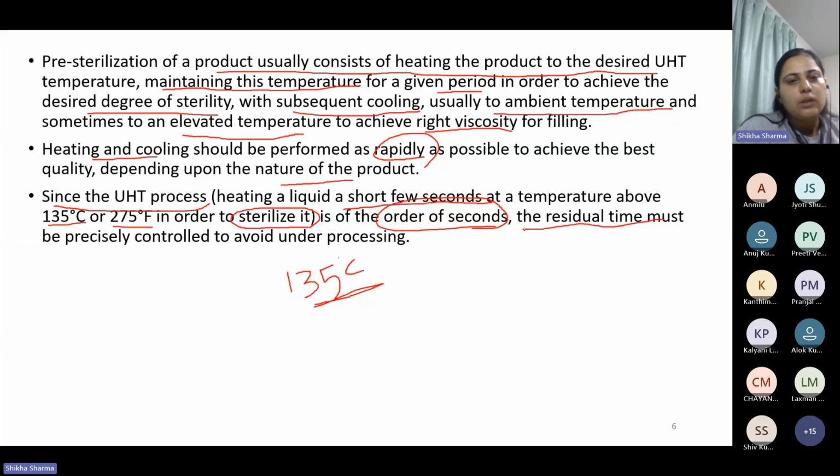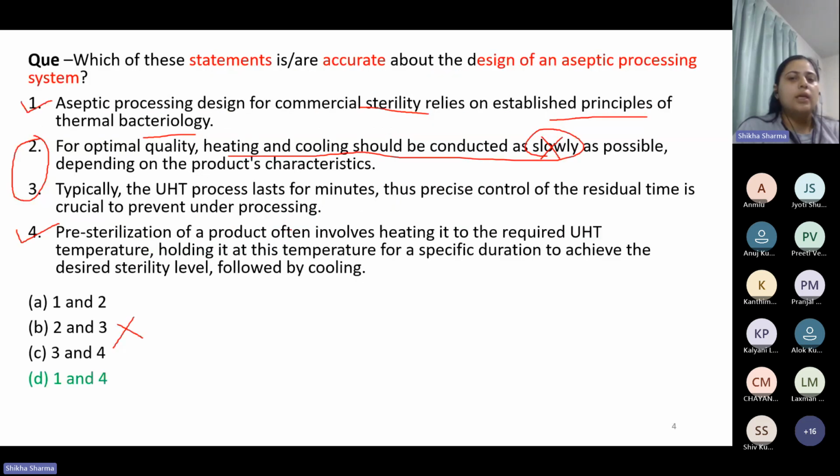The residence time must be precisely controlled to avoid under processing. So its processing time is not in minutes, it's in seconds, whereas this statement is saying that the UHT process lasts for minutes. So this statement is also not correct.